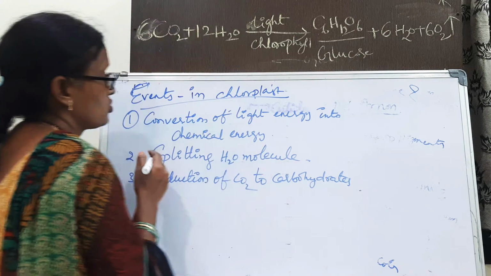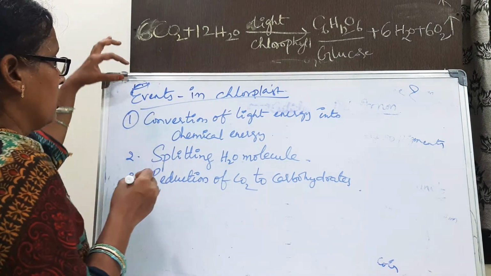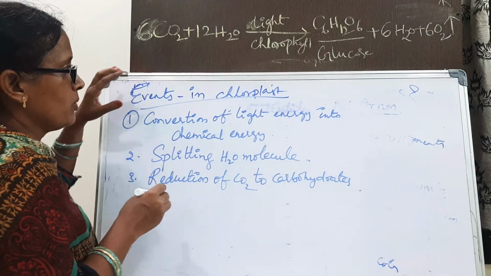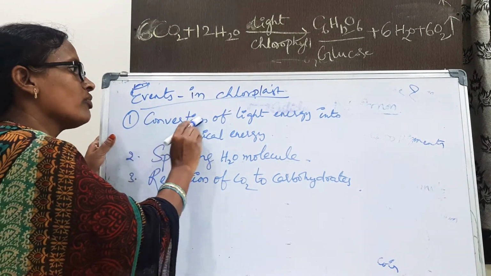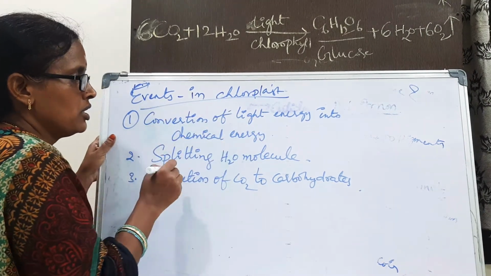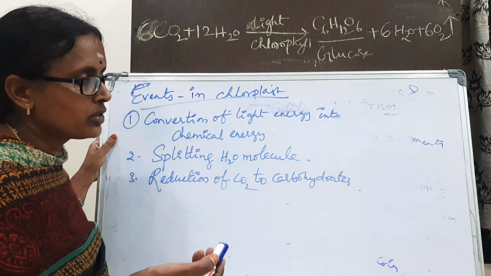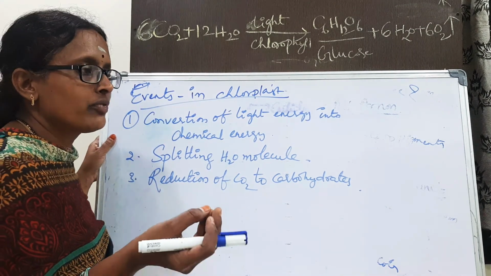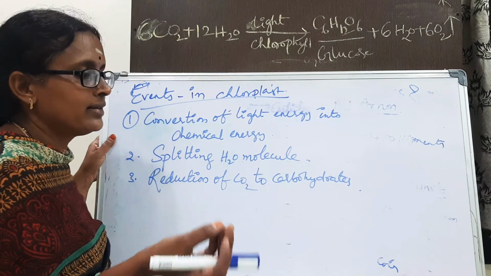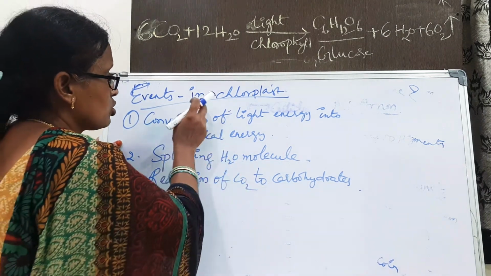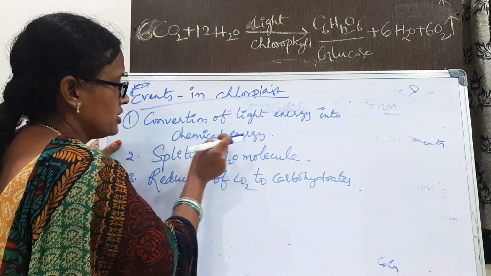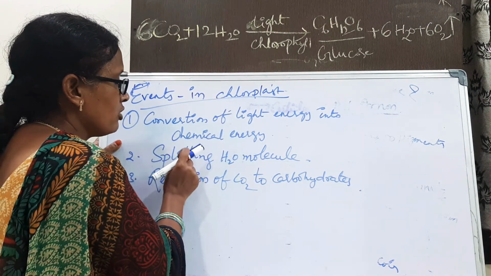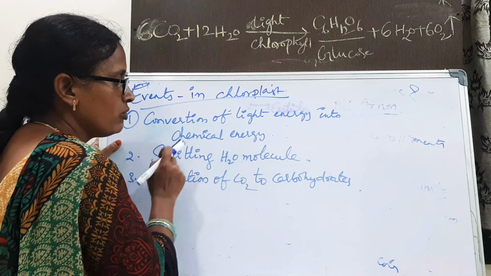Simply, the chloroplast is where photosynthesis takes place. First, light energy is converted into chemical energy. So another definition of photosynthesis is conversion of light energy into chemical energy. The chloroplast takes the sunlight and converts it into chemical energy, and this light is also helpful for the splitting of the water molecule.